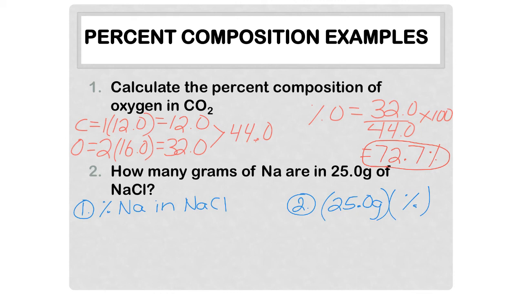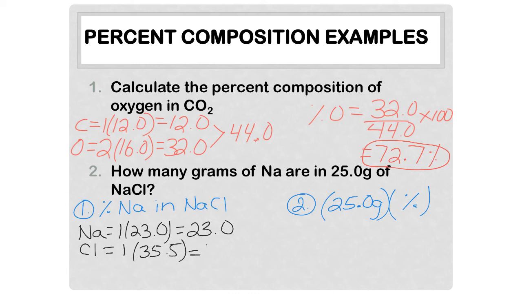So we got to figure out the mass of sodium chloride. Sodium has a mass of 23 and chlorine is 35.5, which would give us a total of 58.5 for the gram formula mass. Okay, then we got to do percent of Na in there.